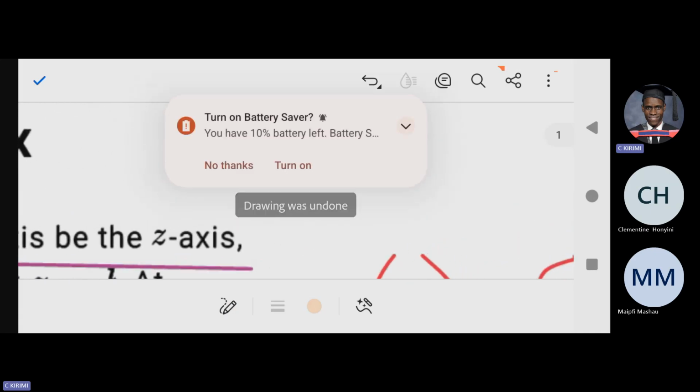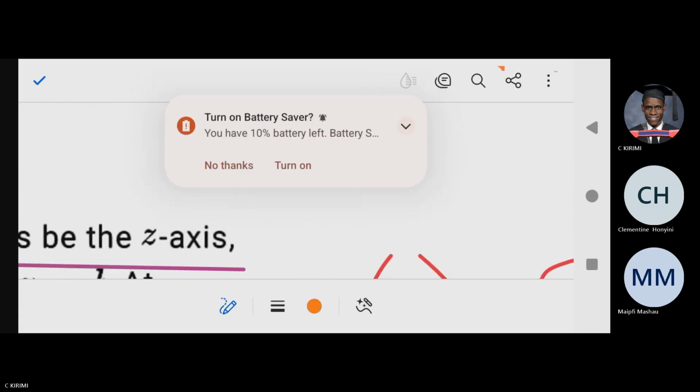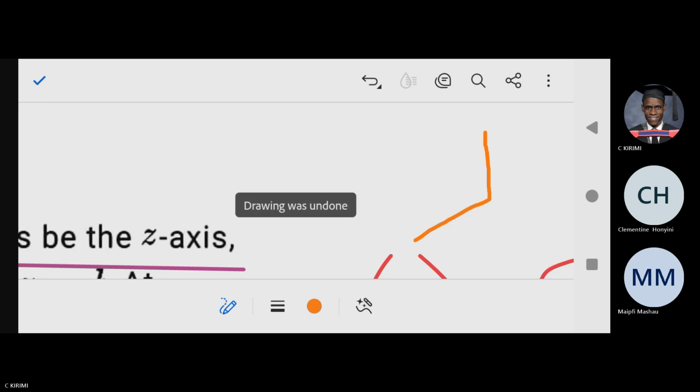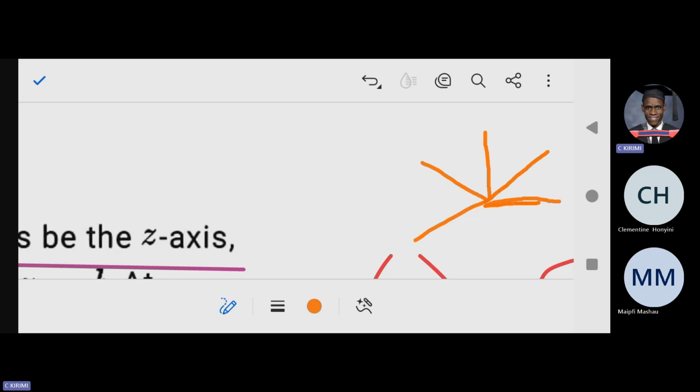For example, the base of the cone, in terms of x and y. This is the base. So our theta is rotating from here, 360 degrees, around the base of the cone.